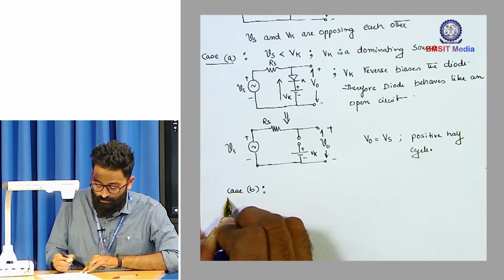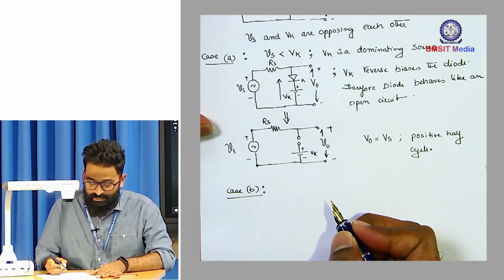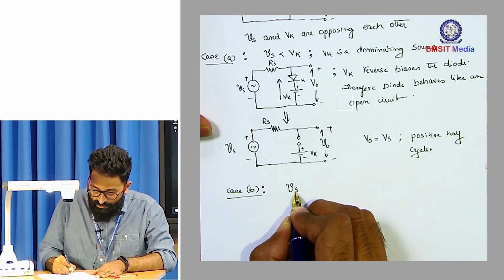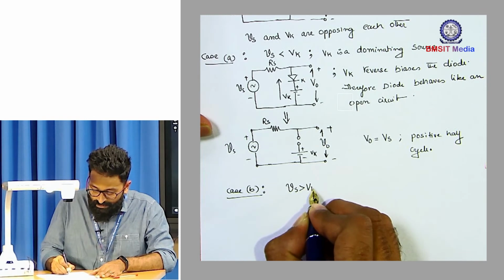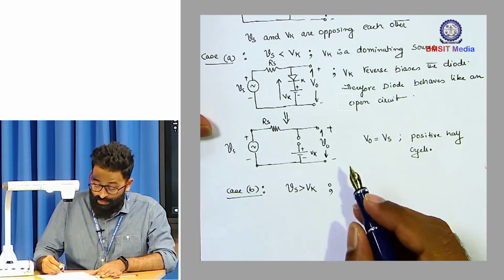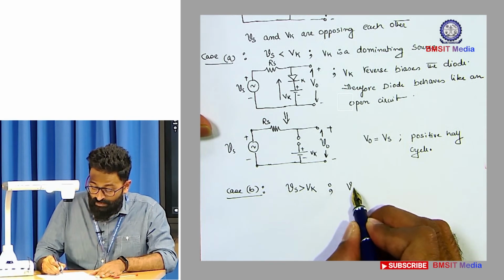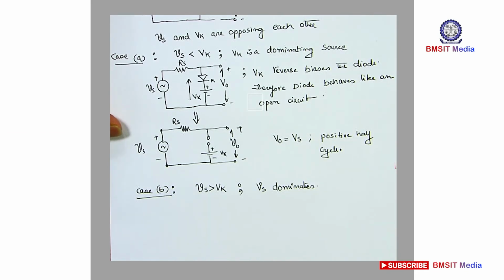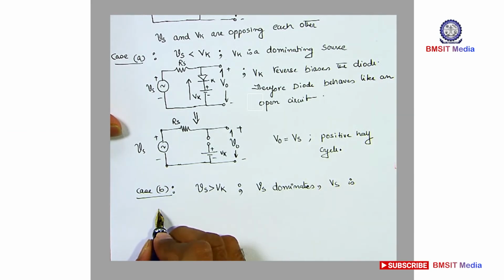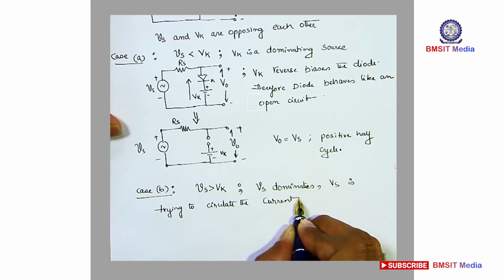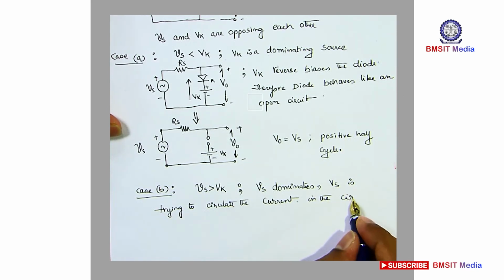In case B, what we are considering is what if the source voltage is greater than Vk. When the source voltage is greater than Vk, Vs dominates. Vs dominating means Vs is trying to circulate the current in the circuit.